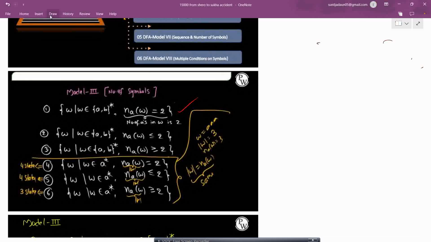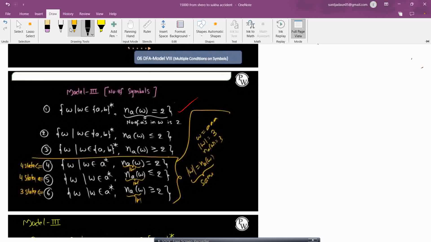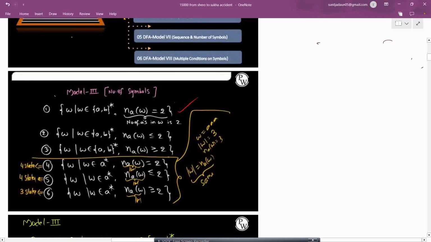So let's discuss model 3 first. So, number of symbols.